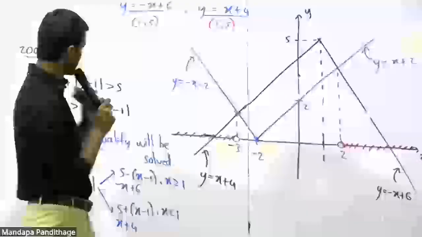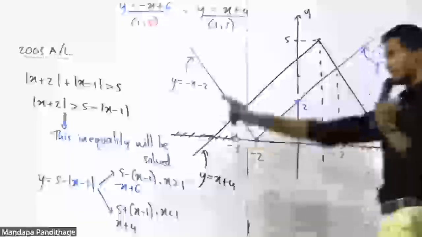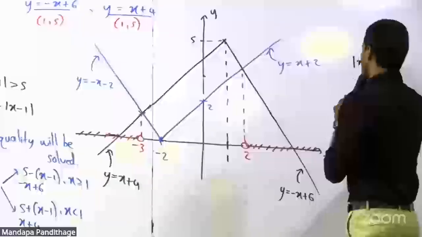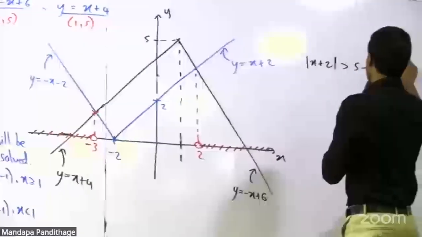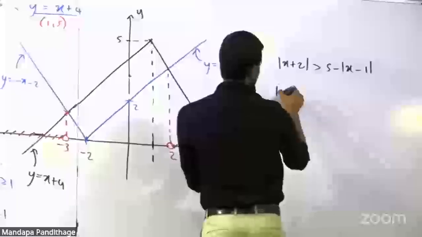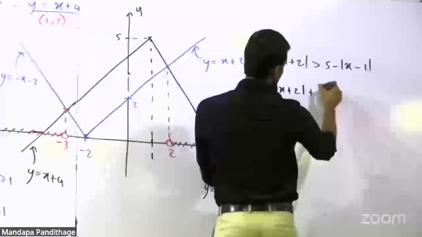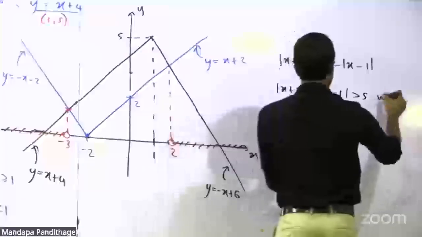Okay. So when you're writing the answer, let's write the answer in this way. First write the inequality you have solved: modulus x plus 2 is greater than this one. Then write the inequality they were asking: modulus x plus 2 plus modulus x minus 1 is greater than 5 when.